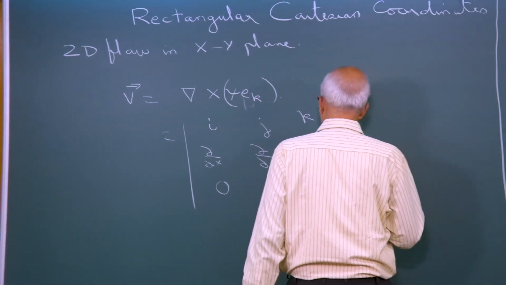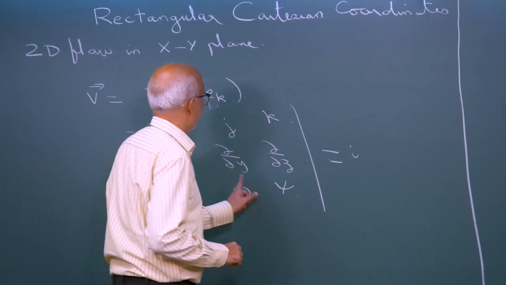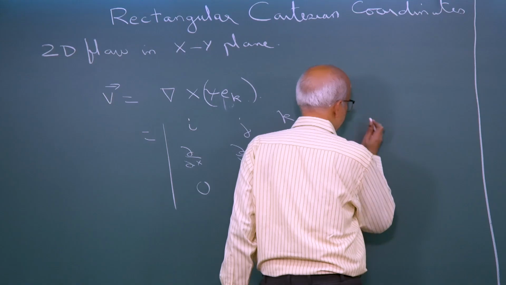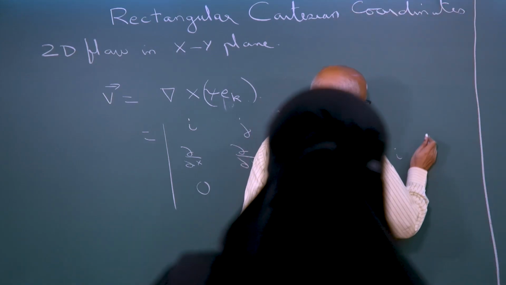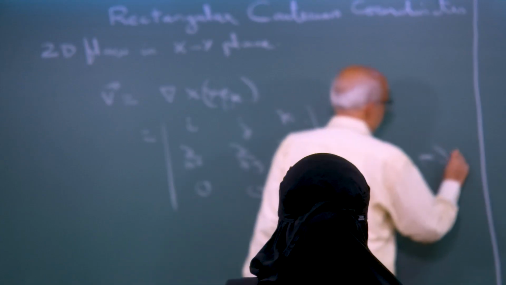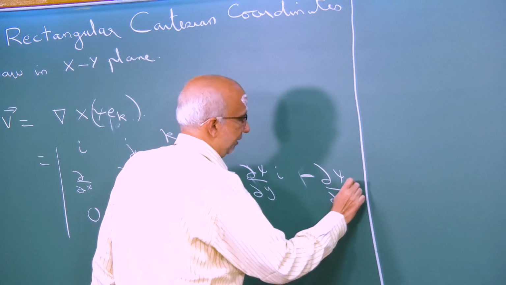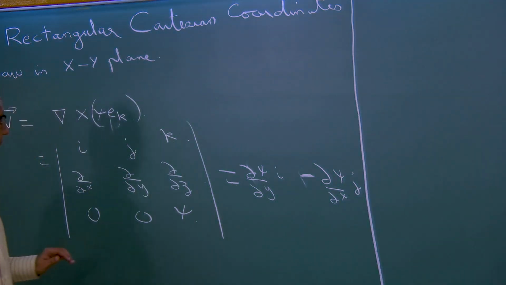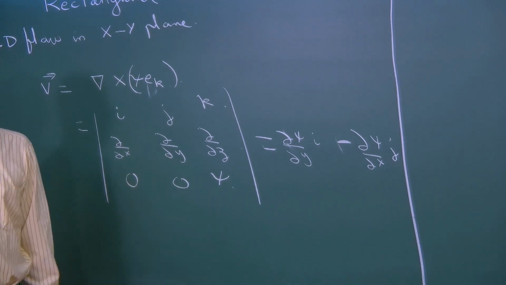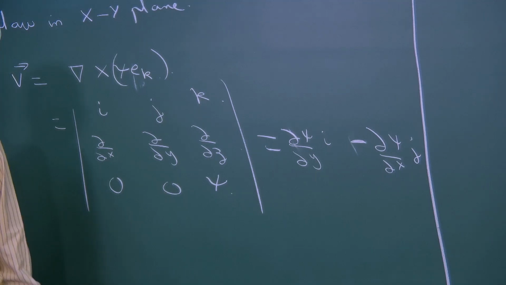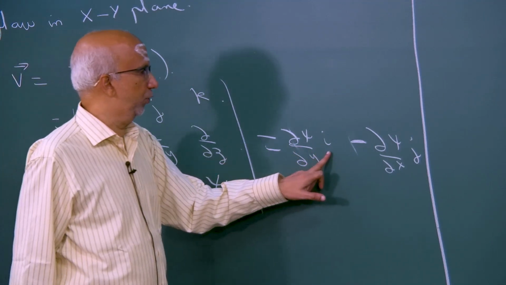i multiplied by dou psi by dou y minus dou psi by dou x j. Okay, that is the determinant. So, basically this is i, the unit vector in x direction.